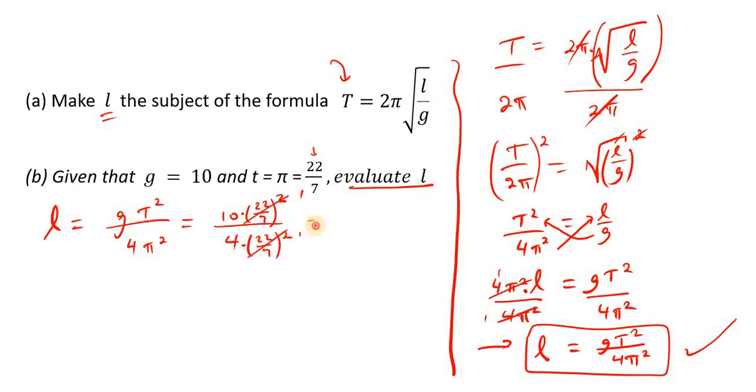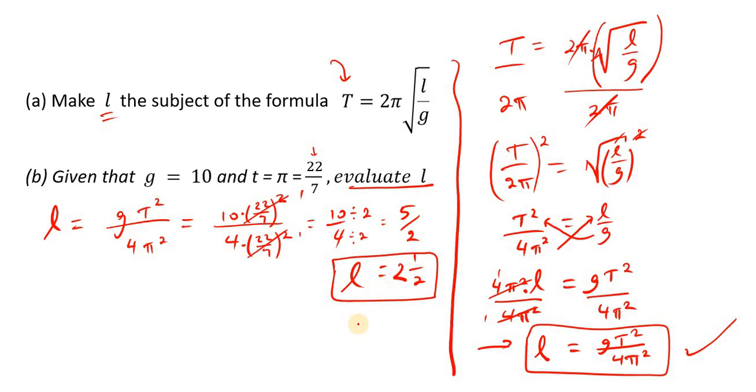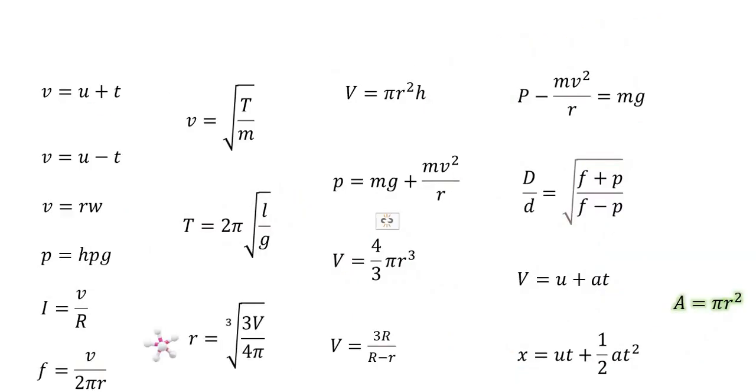And so we're left with 10 over 4. We could have simplified here, but let's just continue. We divide the denominator by 2 and the numerator by 2, since they have a common factor of 2. That leaves us with 5 over 2. Now, 2 goes into 5 twice and remains once. In other words, 5 divided by 2 is 2.5. So L is equal to 2.5. And that is our solution. Let's look at the next question.